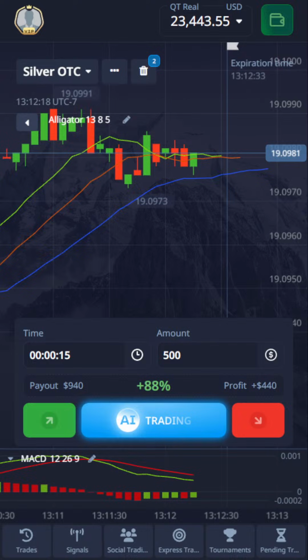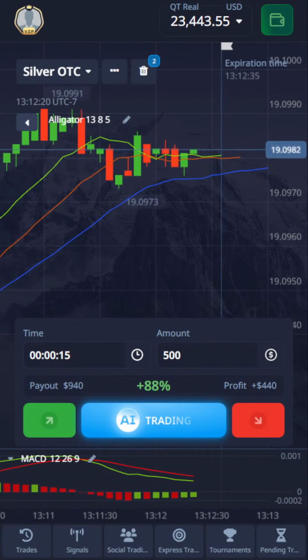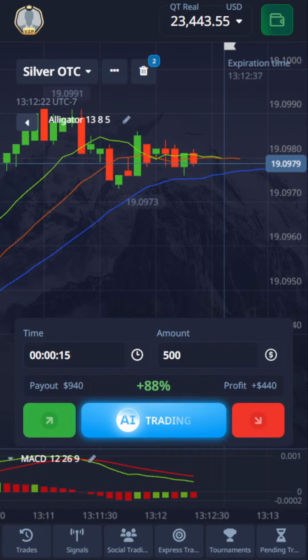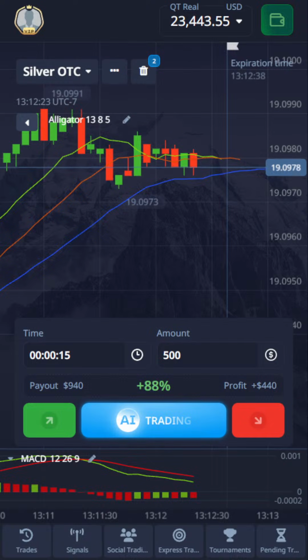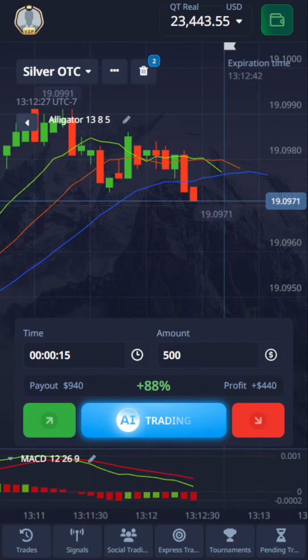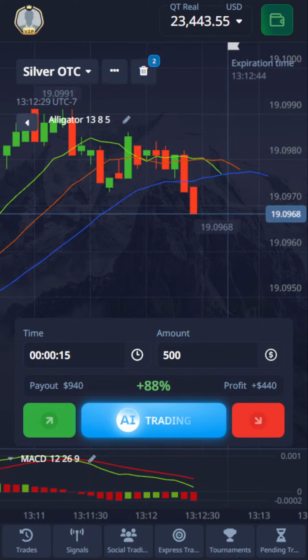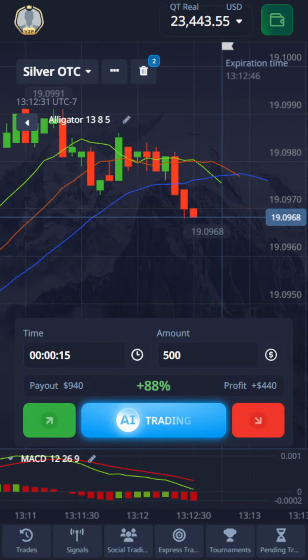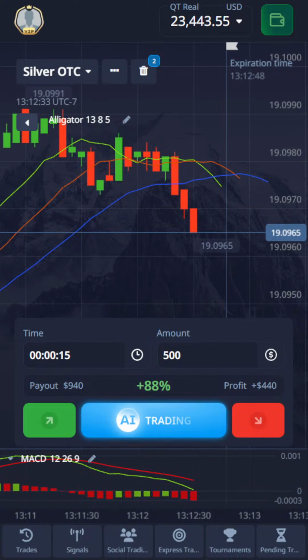As long as you wake up, your mind is set, you have the right pairs of currencies to trade, you've set your chart properly the way you're supposed to set it, and you have the most amazing indicators.